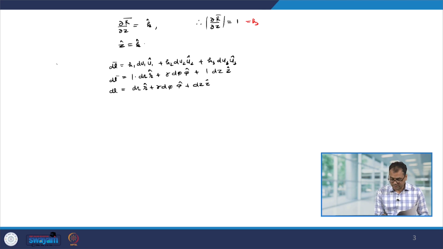This is the differential length, or you can call it the displacement dr. Now let us look at differential area.